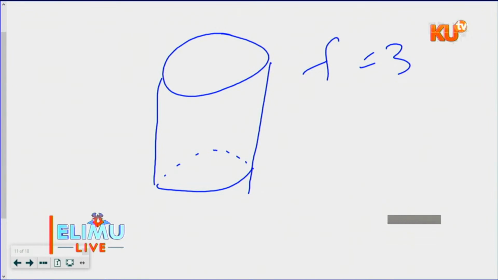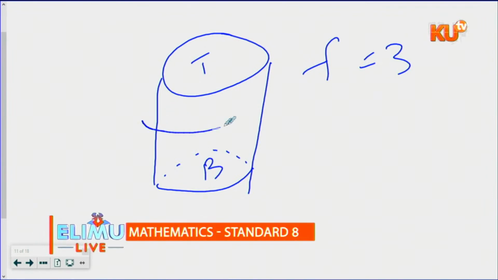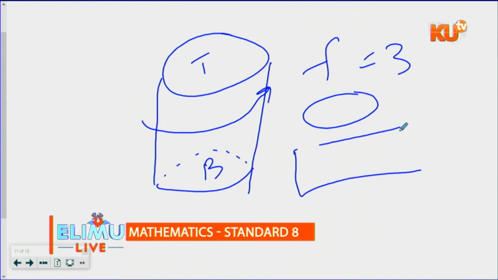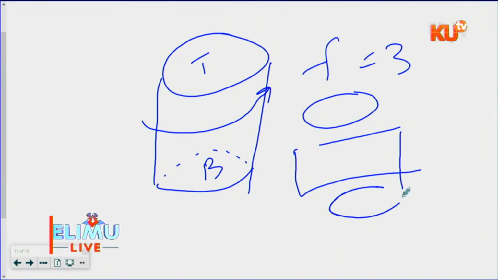If it is closed, we have the top, the bottom, and then the curved part. This is a face on its own. Remember, when we open the cylinder, these are the faces we have. The cylinder will have these 3 faces.